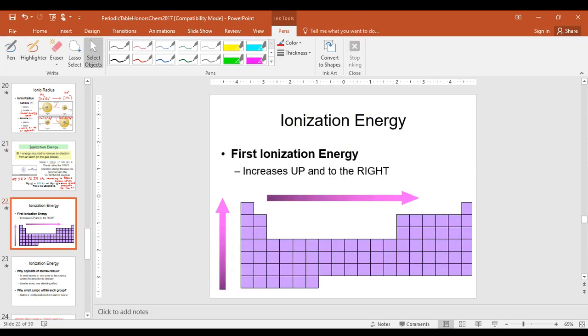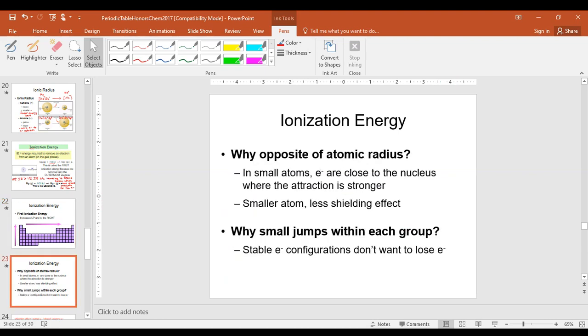Okay, so the patterns that we see with the ionization energy is it increases going up a group, and it also increases going from left to right on the periodic table. We'll go over these two reasons. The reason why it's opposite of the radius is, if we have smaller atoms, the valence electrons are closer to the nucleus, so the attraction between the nucleus and those electrons is stronger.